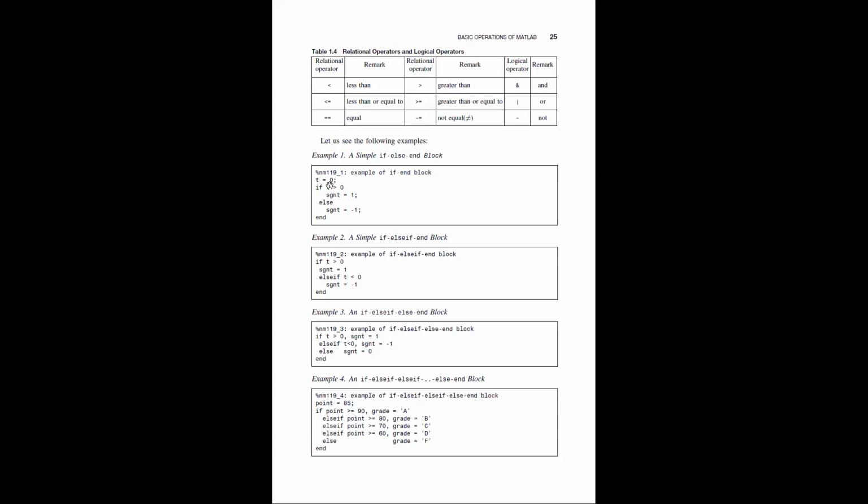So if t is greater than 0, the variable will take the value 1. And if t is less than 0, then it will take the value -1. Now, what do you feel should be the output of this one? Suppose I execute this statement where t is equal to 0, and if t is greater than 0 this will be the value, else this will be the value.